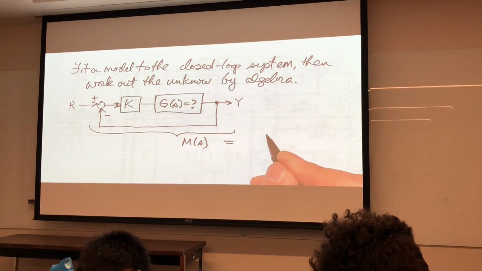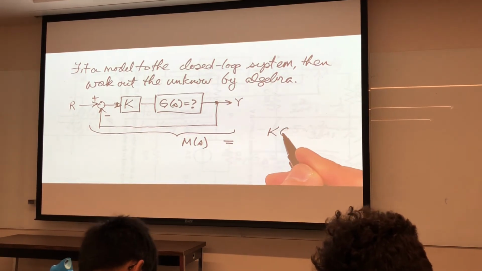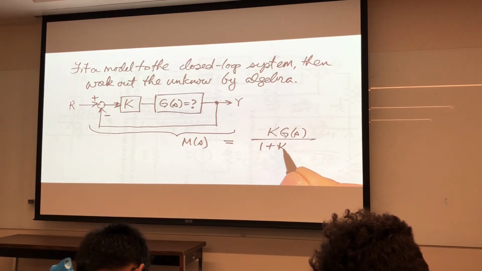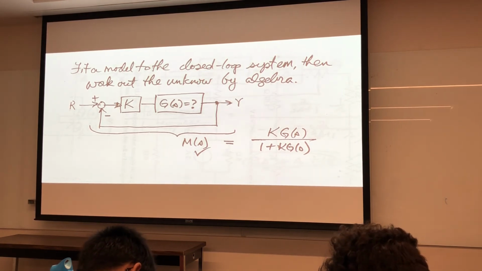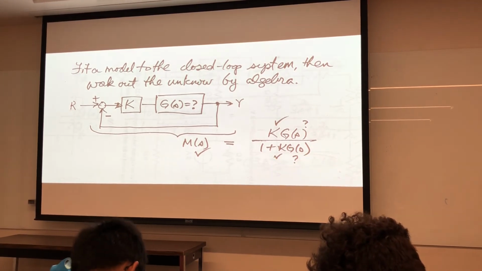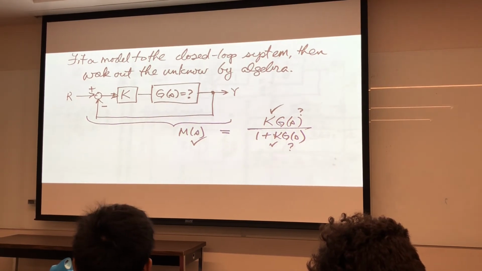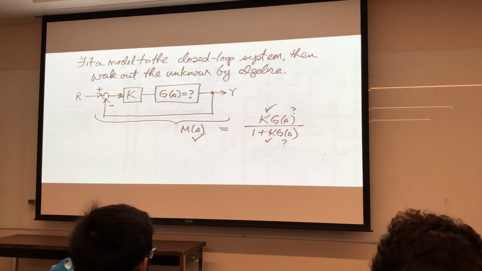And what I mean is I also know that M is equal to, in this case, the forward gain divided by 1 minus the loop gain, which is K times G over 1 plus K times G. So this I know. I don't know G, but I can work it out by algebra.